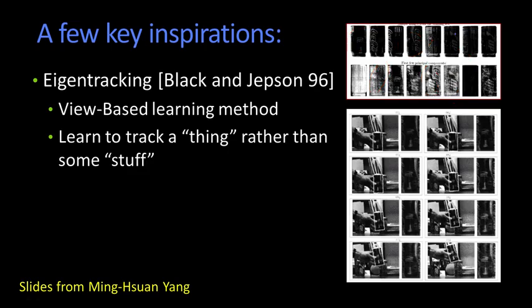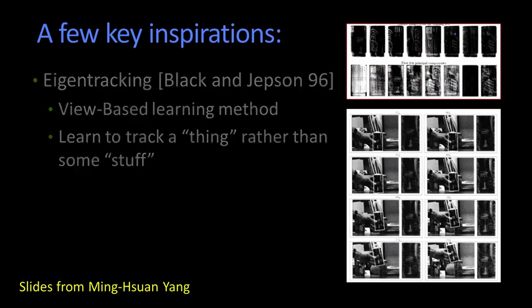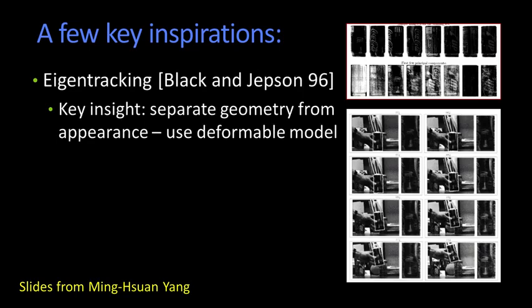And the idea was, we're going to track this thing by finding places that we can represent well using those eigenimages. But one of the cool things they did was, they said, remember what didn't work so well in eigenanalysis, the eigenface, was the alignment. Things had to be aligned perfectly.